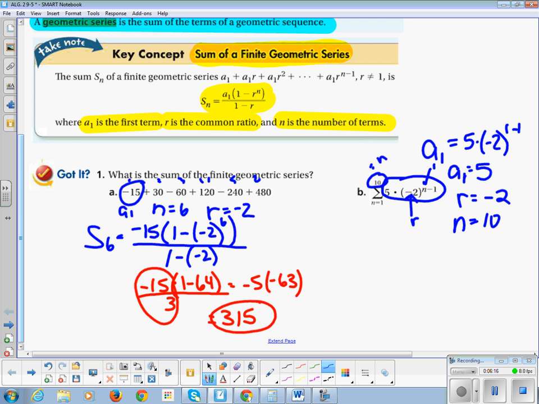We can put it into the formula. So the sum of the first 10 terms equals 5 times 1 minus the common ratio to the 10th power divided by 1 minus the common ratio.